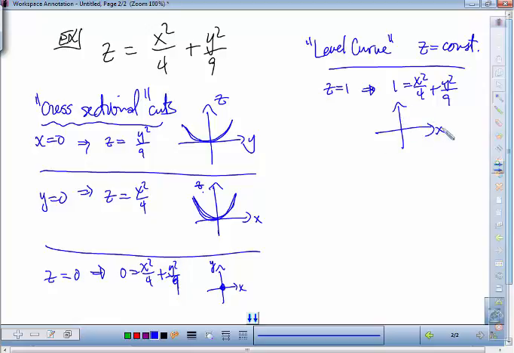Now, this is exactly on the xy plane, but I'm going to put xy on my axis. So this is called an elliptical paraboloid because these level curve cuts are going to be ellipses. So 3 and 4. Oops, let's call it 2 and 3.